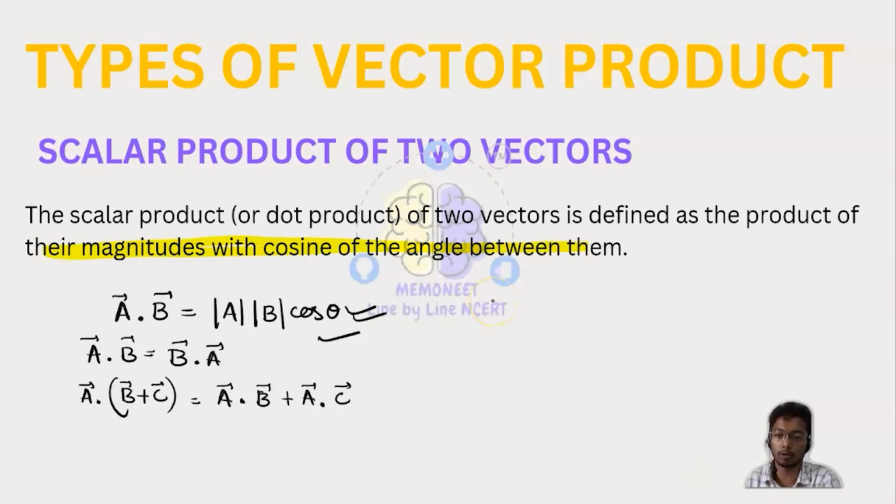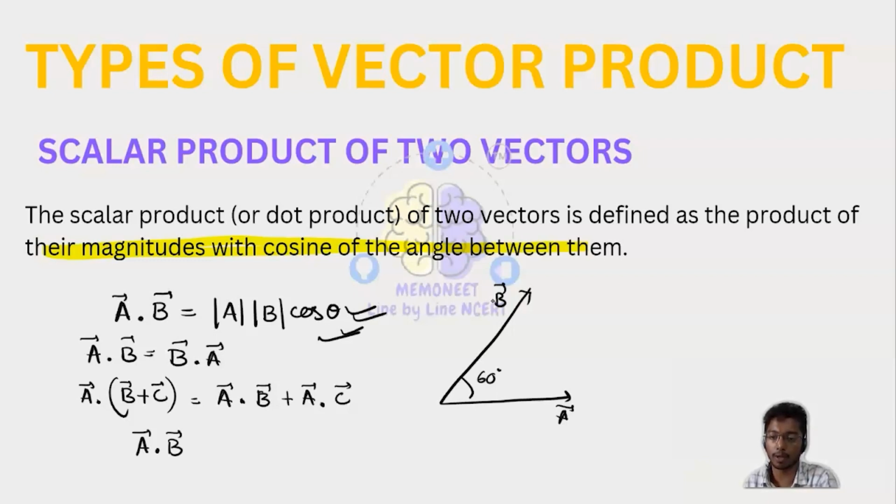So how do we find out cos theta? Here we have A vector and, let's say, B vector, with an angle of 60 degrees. We can write A vector dot B vector.